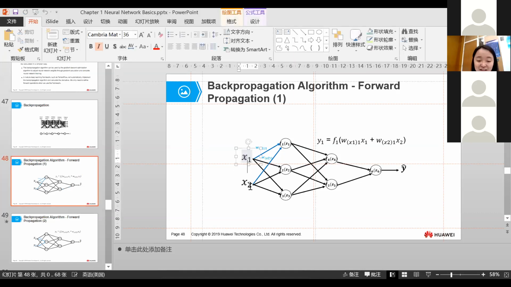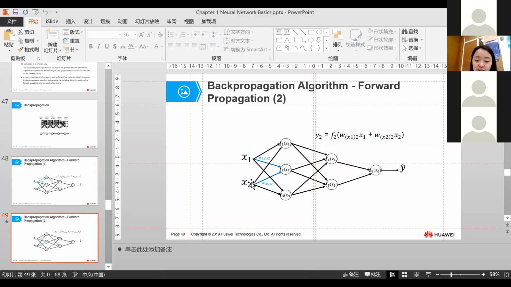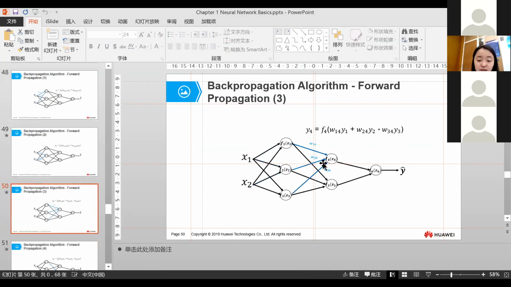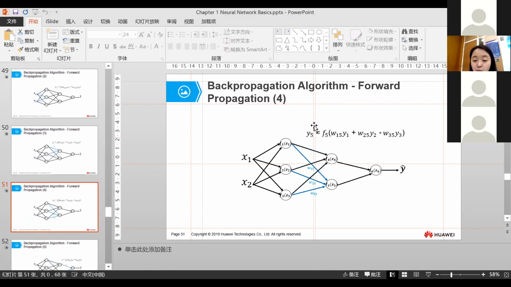Here we have two inputs with a weighted sum, and y1 is the output of this neuron. And a weighted sum, and y2 is the output of this neuron, through an activation function. Here is the output for this neuron, and a weighted sum of y1, y2, y3 through an activation function, and here is output y4, and here is output y5.